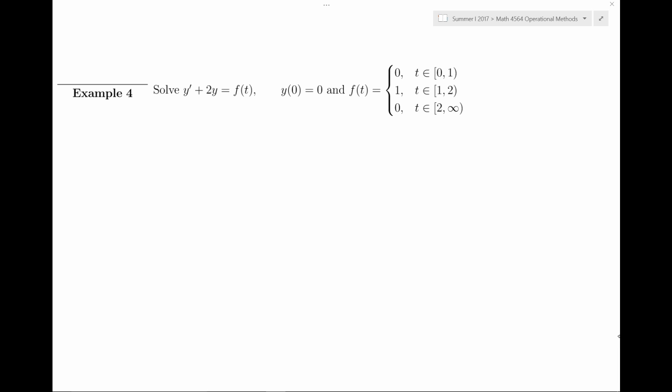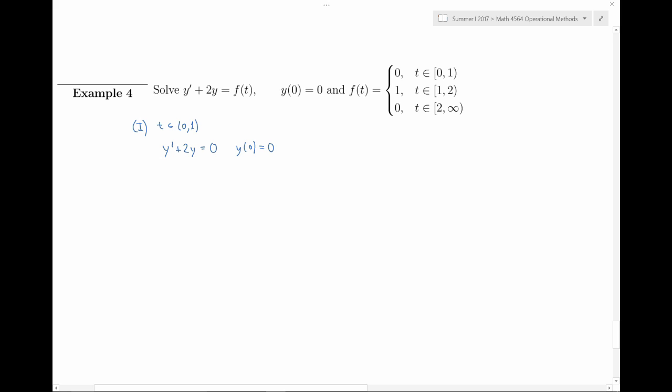So this is a simple first order differential equation, and we have to break the solution process into 3 domains. First, we're only going to consider the domain t going from 0 to 1. For this domain, the equation is y prime plus 2y equals 0, and the initial condition is y of 0 equals 0.